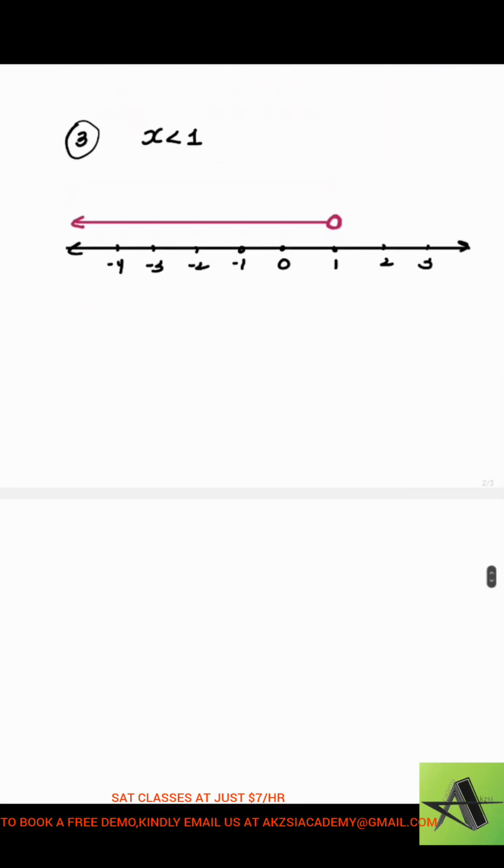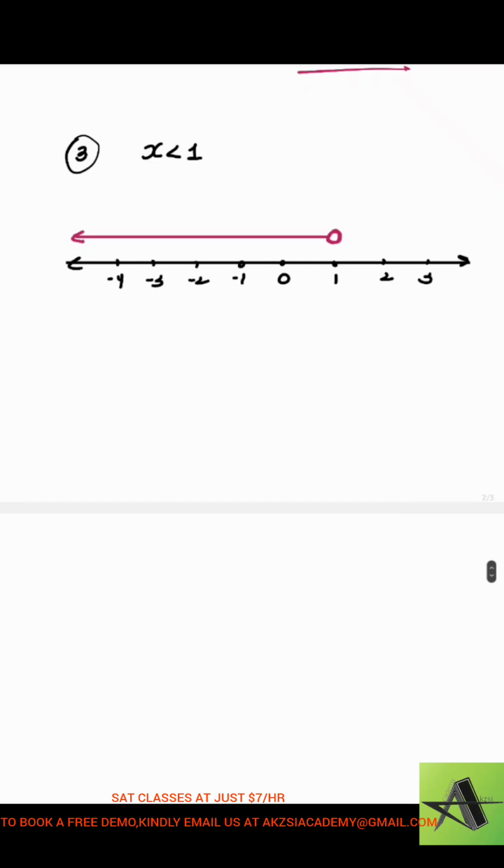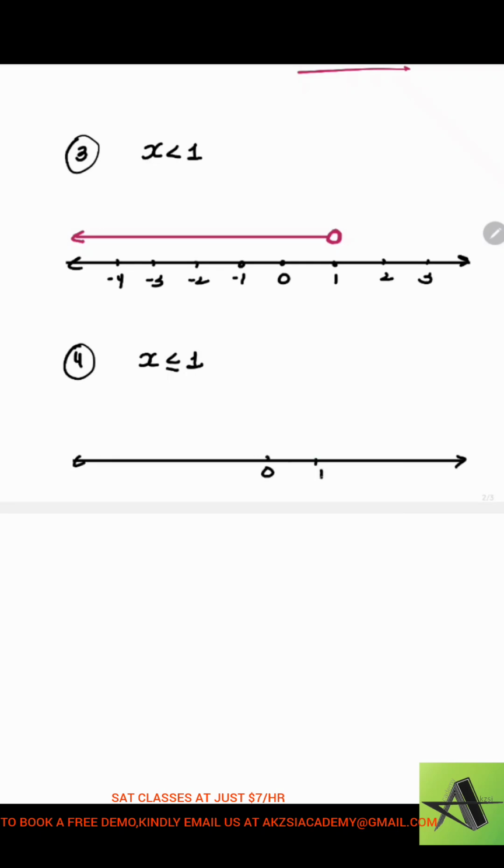Similarly, if it would be x less than or equal to 1, in that case we will be doing exactly the same. Our arrow will be towards the left side. The only difference here is we have to draw a filled circle.